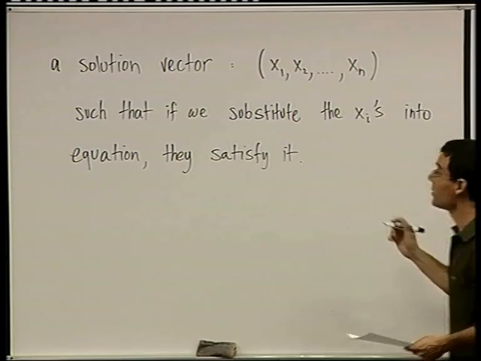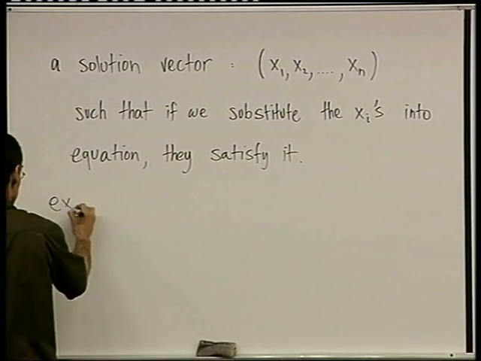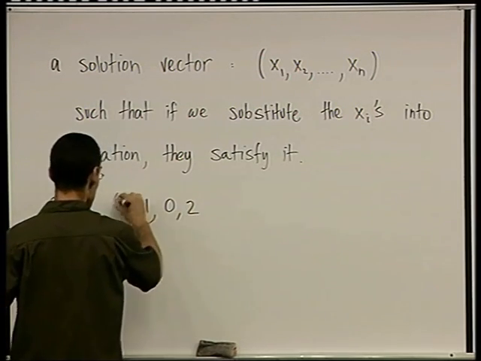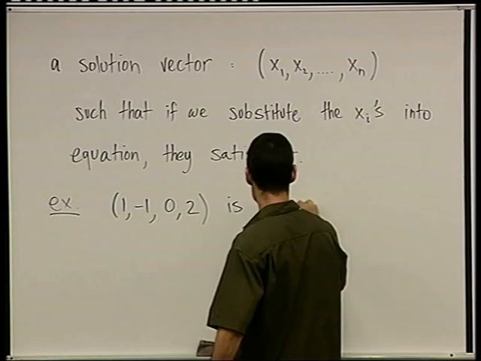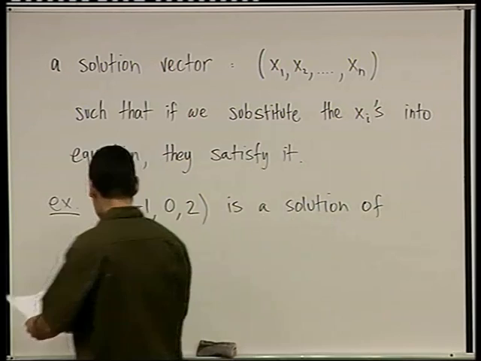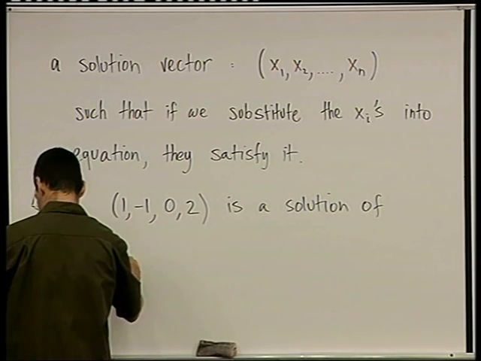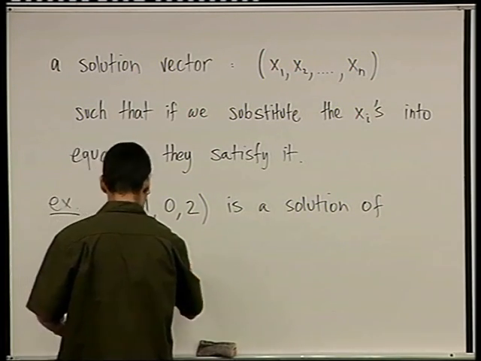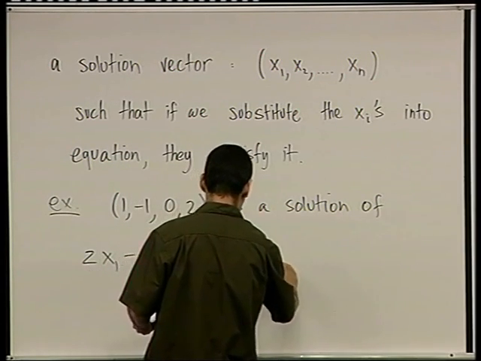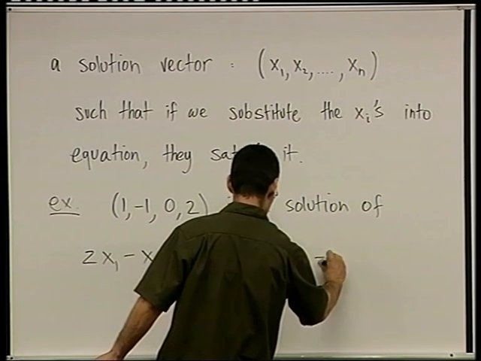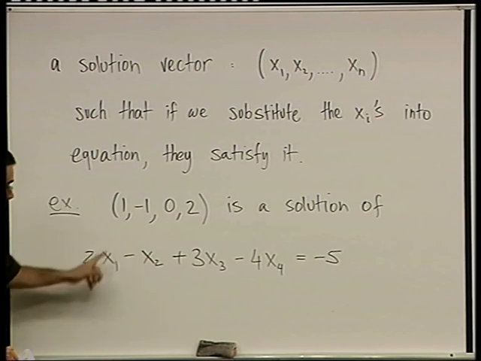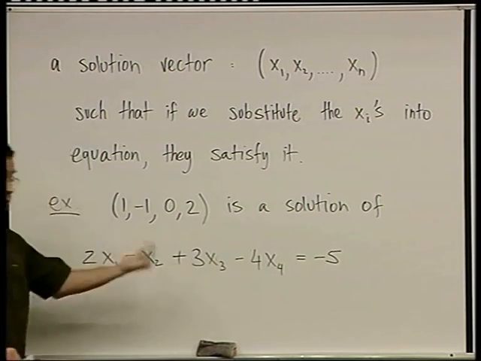Okay, so for example, 1, -1, 0, 2 is a solution vector of the linear equation 2x1 minus x2 plus 3x3 minus 4x4 equals -5. Do you agree? So you have to plug in the values for the x's and see if you indeed get an equality.